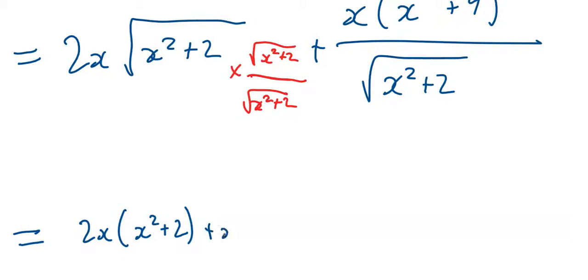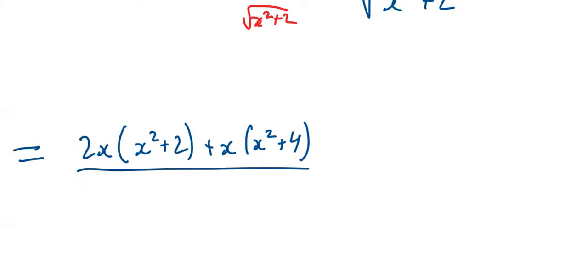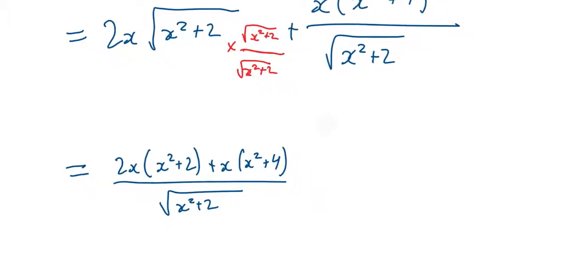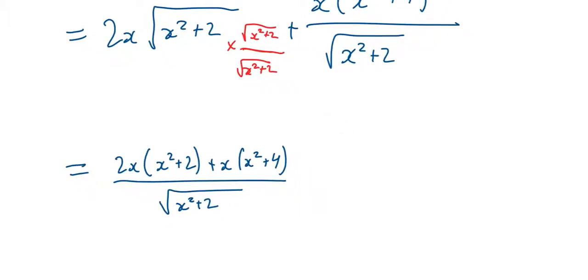So I'm going to put it together, plus x squared plus 4, and all of that over square root of x squared plus 2. So we sort of accidentally rationalize the top, but if you look back at why this is working out this way, that happens often.